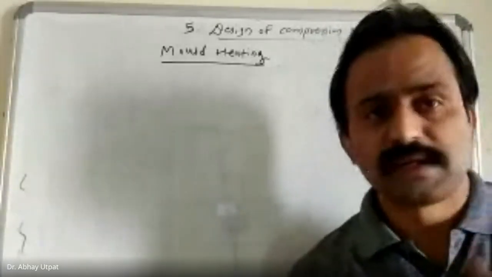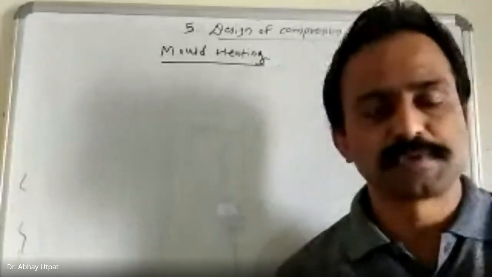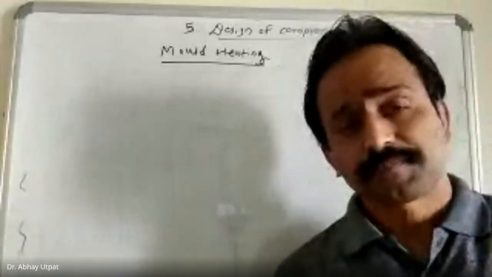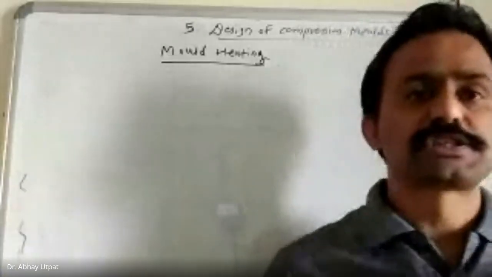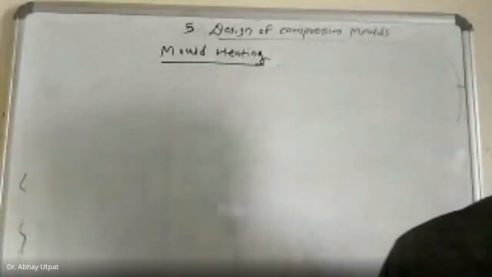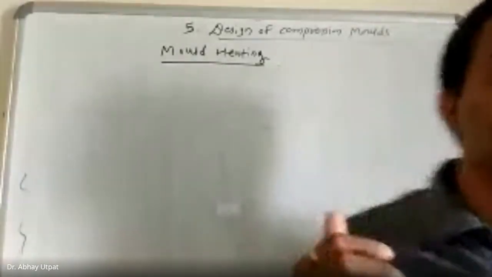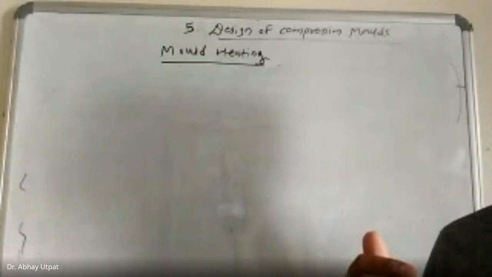Steam is produced from water. Steam itself is hot. So either steam or hot oil is circulated in the gaps or channels of the mold. So these channels are provided, and then after circulating it, the mold will be heated.